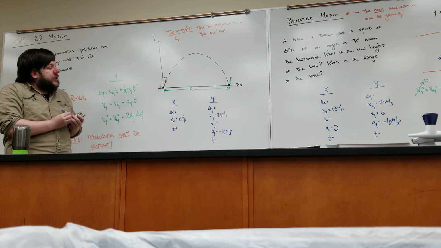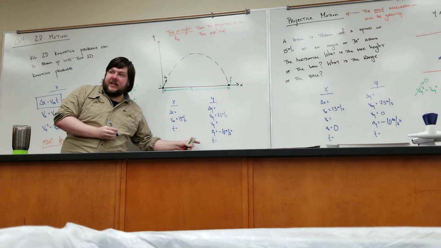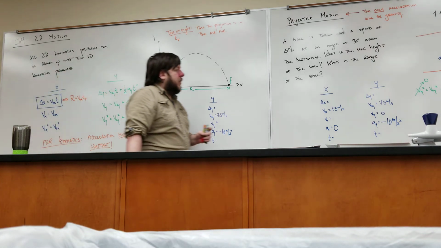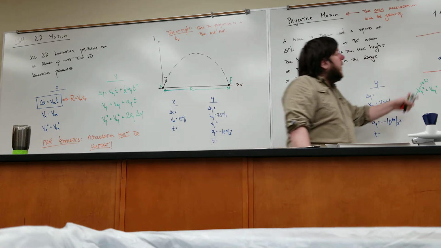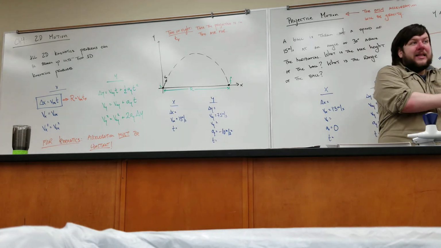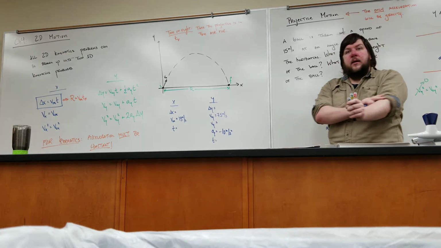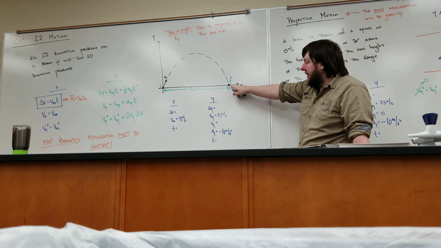What's going to change is the third variable in the y direction. We had said here that the final y velocity was 0 because our final point was at the peak. Is our final point at the peak for part B? No. Should the y velocity be 0 at this point?